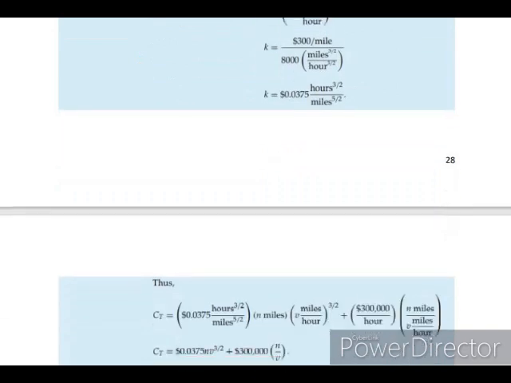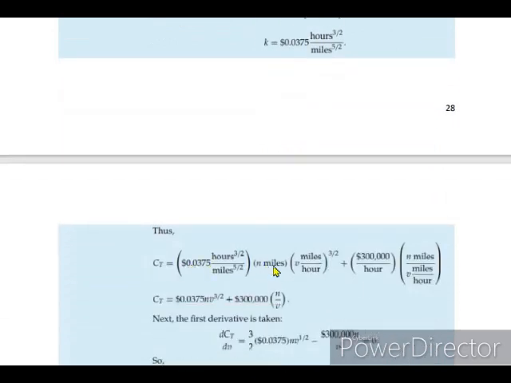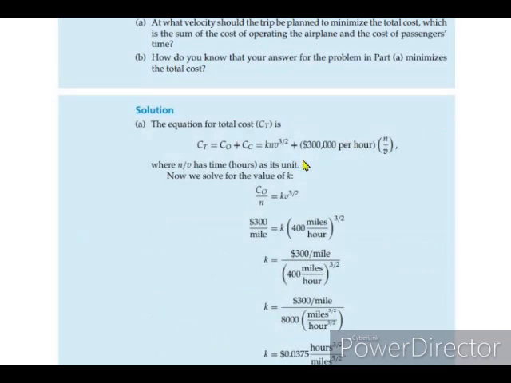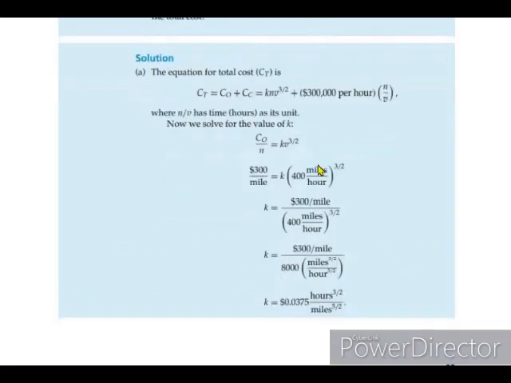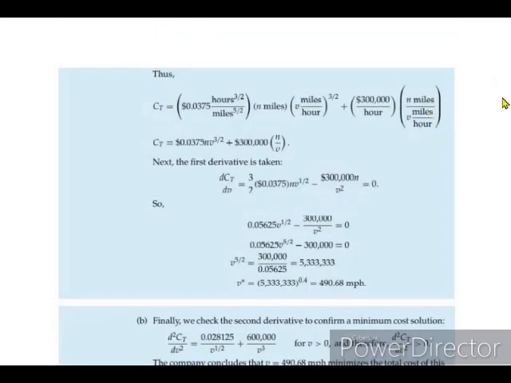We substitute that here, with n miles and v miles per hour, raised to 3 halves, plus 300,000 per hour, which is the C sub C, or the cost of the passenger's time, times n miles over the velocity in miles per hour.